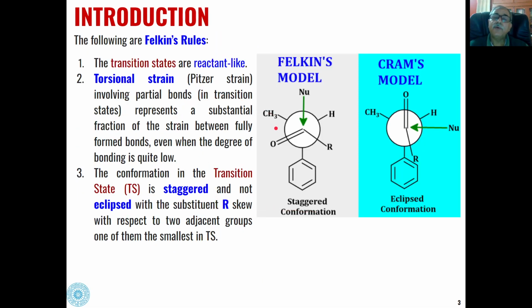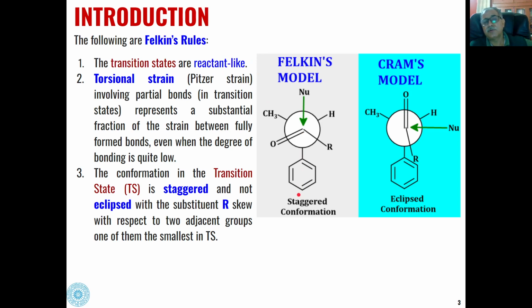Now if we compare the transition states of Cram's rule and Felkin's rule, in Cram's rule we have this type of eclipsed conformation in the transition state, whereas in Felkin's rule the transition states are just like reactants.